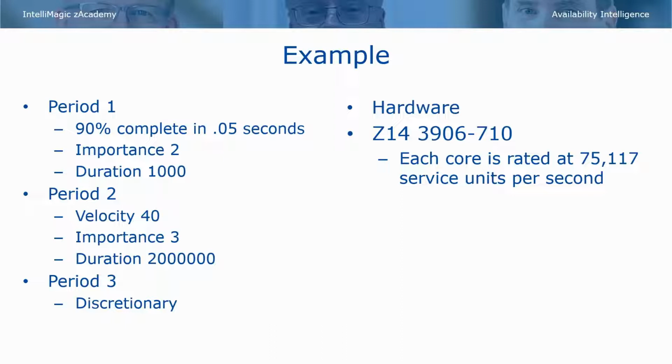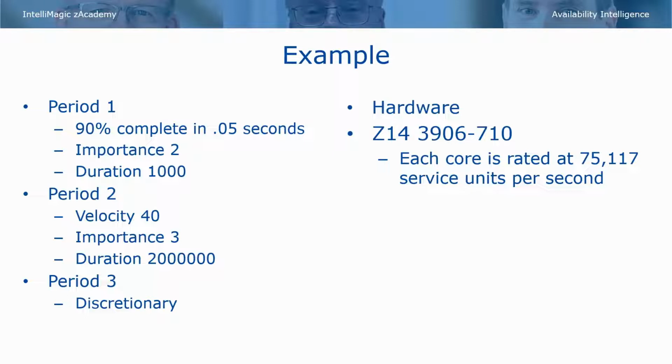The second period, we switch to a moderate velocity of 40, and reduce the importance to 3. Again, this follows the general best practice of a less stringent goal as you move through the periods. The duration for this period is also significantly longer at 2 million service units. It might seem like a lot, but really it's not if you think about it.